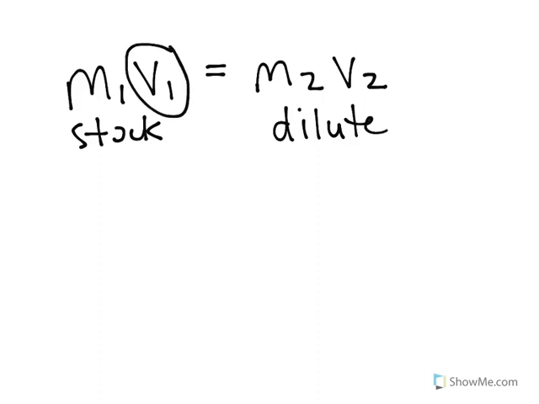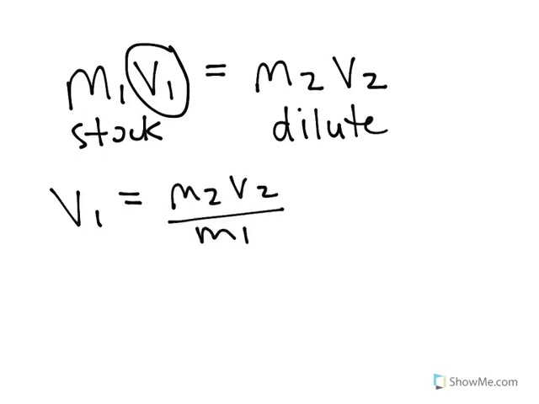So I'm going to rearrange that equation. Volume 1 is equal to M2V2 over M1. And then I'm going to substitute what I have based on the problem. According to the problem, the molarity that I want to achieve is 0.35 molar.